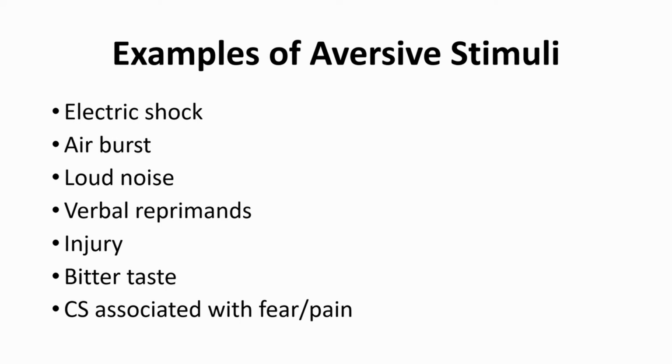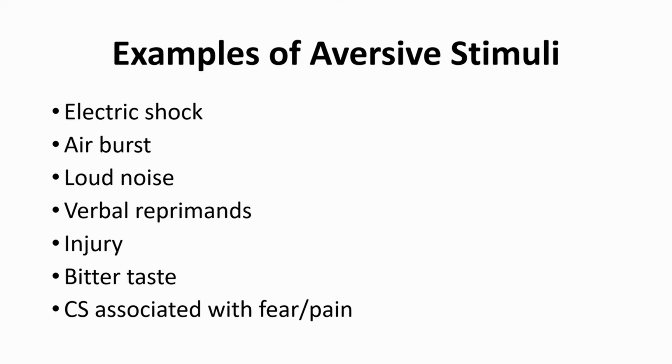Or we can use conditioned stimuli, something that has become associated with either fear or pain. But if you use a conditioned stimulus instead, then the individual is not consistently exposed to fear or pain directly. So as I've said, there are a lot of ethical considerations that need to be kept in mind when you're trying to decide on what kind of aversive stimulus to be using.